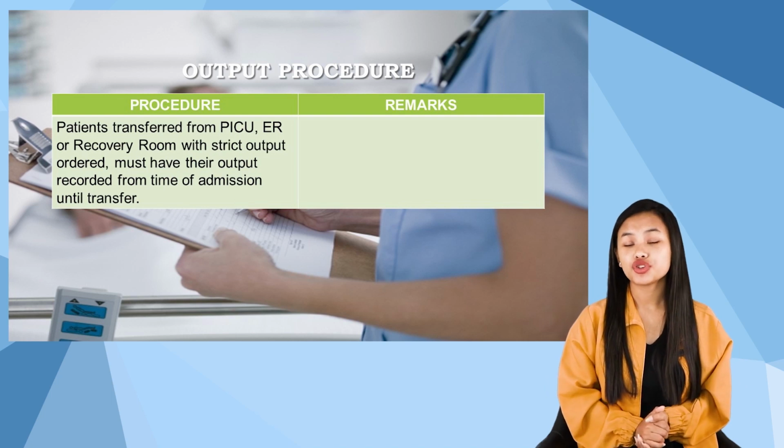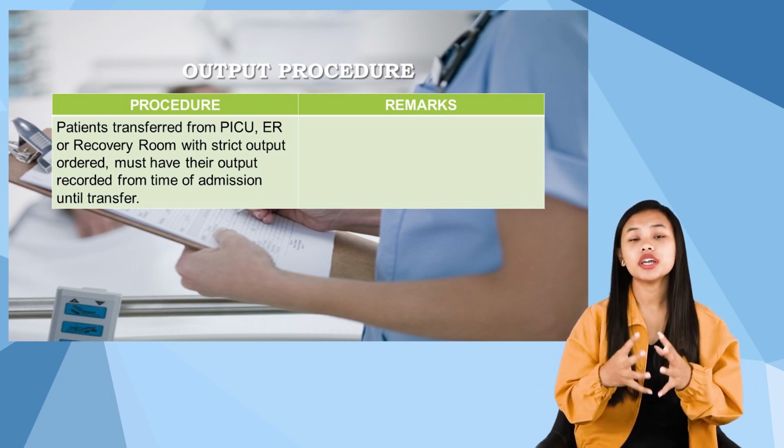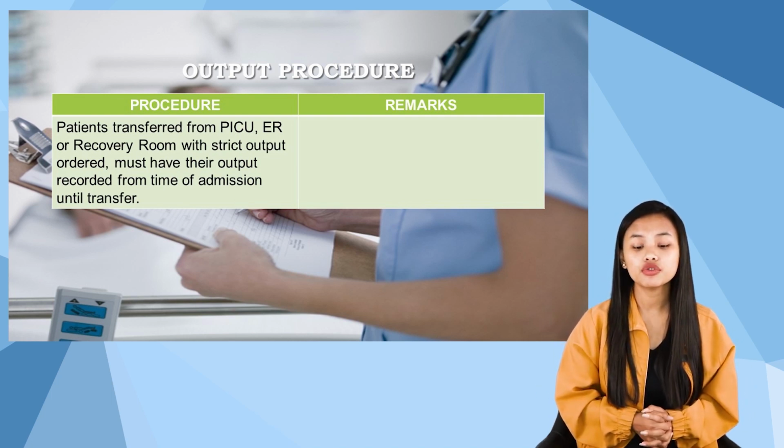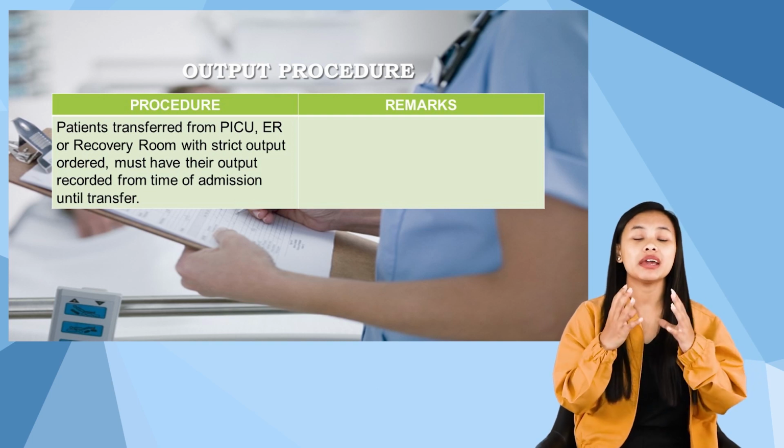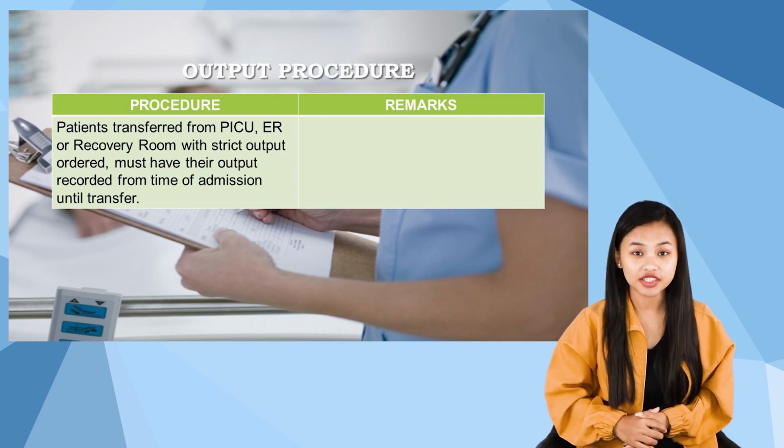For those patients transferred from PICU, ER, as well as the recovery room with strict output order, we must have their output recorded from the time they were admitted to the time they are transferred.